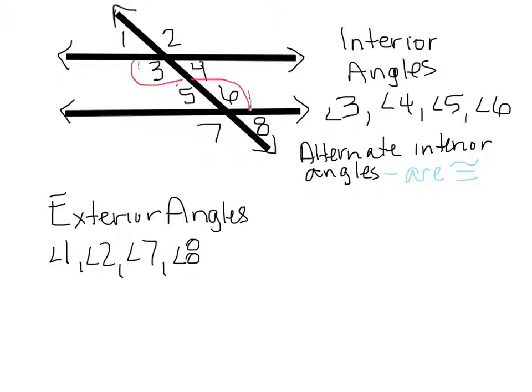So angle 3 is congruent to angle 6 because they are alternate interior angles. Also, I've got one more pair of alternate interior angles. Angle 4 and angle 5 are congruent. Angle 4 is congruent to angle 5 because they are alternate interior angles.